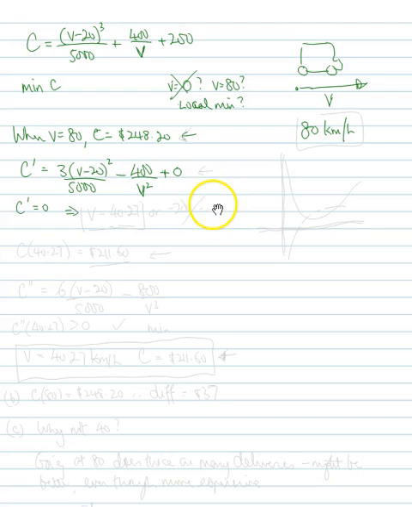Plug that into your calculator and you'll get two values: V equals 40.27, or minus 20 point something, and we can ignore that one because it's got to be a positive speed. So let's plug 40.27 in again, use a calculator, and we get $211.60. That is in fact less than the value at 80, so that's probably the answer.